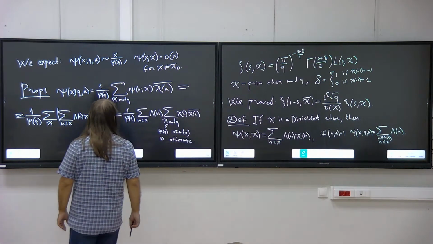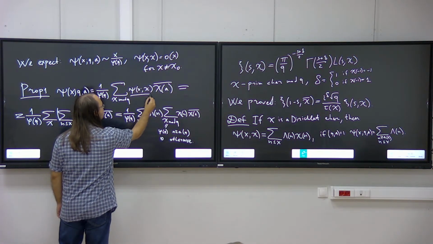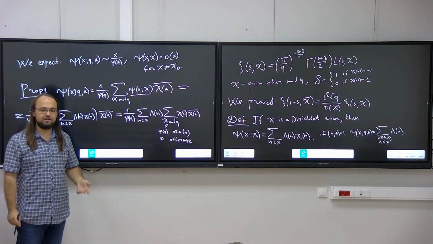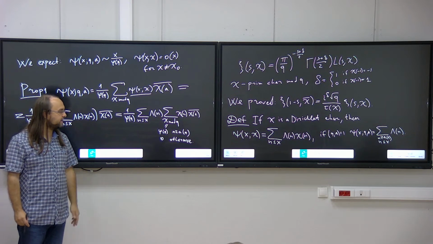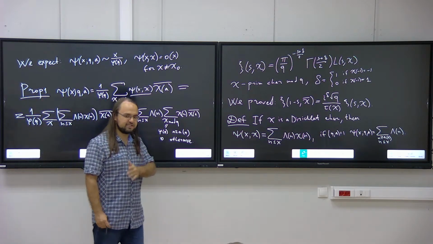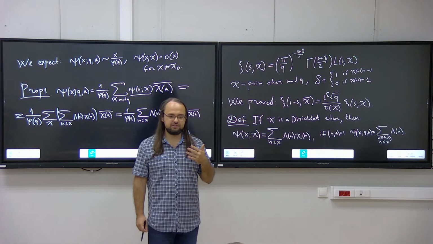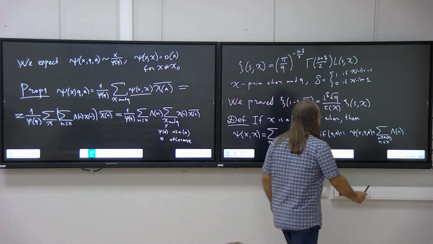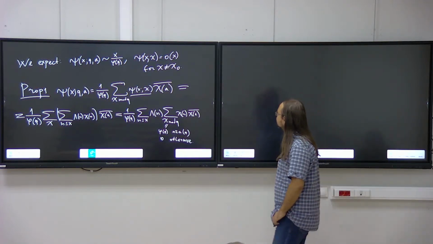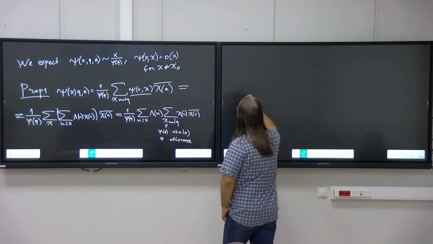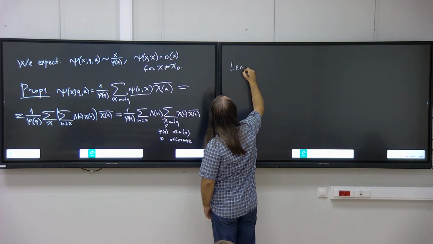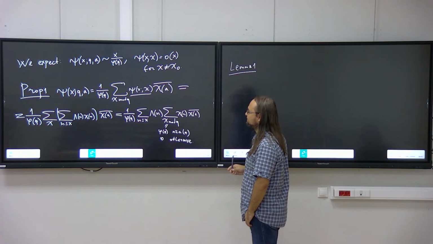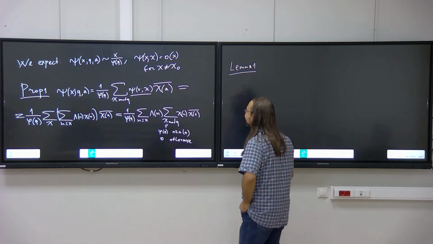Well, it turns out that if chi is non-primitive, then psi of x chi is very close to the value of psi of x chi 1 for the corresponding primitive character. And this is very easy to establish. Let us say that this is lemma 1. This is once again almost as simple as proposition 1.